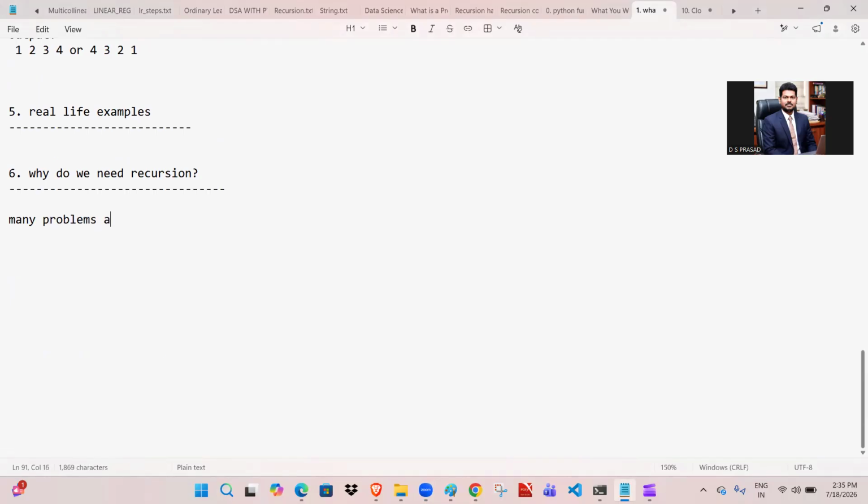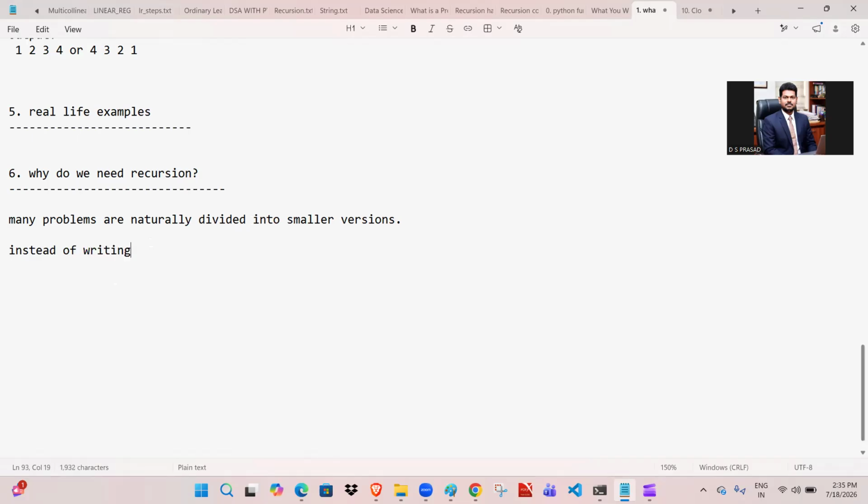There are so many problems that are naturally divided into smaller versions. What is the meaning of it? With the help of recursion, many problems are naturally divided into smaller versions. That is one case.